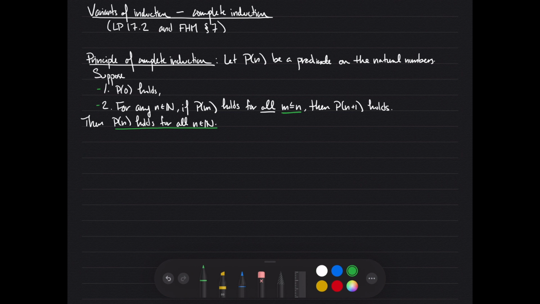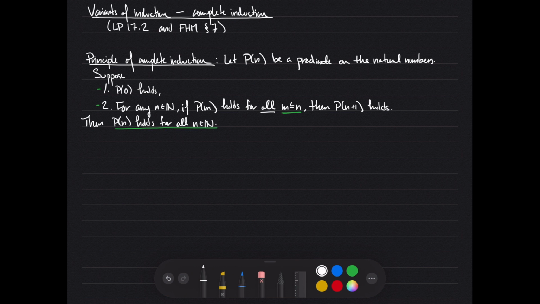If we know that, and we also know that P of 0 holds, then we can conclude that P of n holds for all n. So this principle just gives us a stronger hypothesis, some stronger tools to prove that P of n holds for all n than what regular induction gives us.